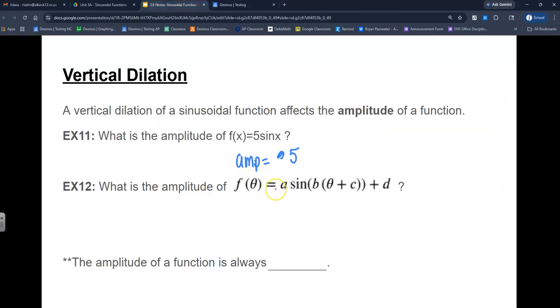So whenever we talk about the amplitude of this very generally, we are going to get our amplitude from this A right here, but we want to say that the amplitude equals the absolute value of A. And that is just because the amplitude of a function is always positive. If you already have a positive number like we had on example 11, you just use that number for that.